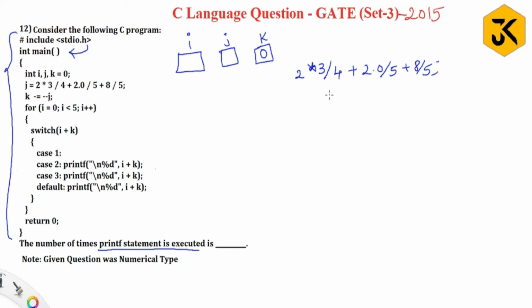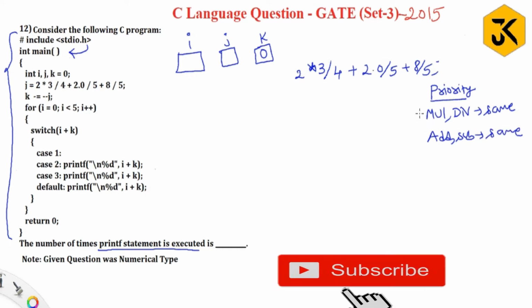In a C program or any programming language, every expression is going to execute based upon the priority of operators. Multiplication and division have the same priority, and addition and subtraction have the same priority, but among these two, first priority goes to multiplication and division, second priority goes to addition and subtraction.